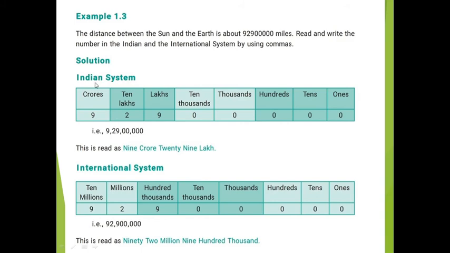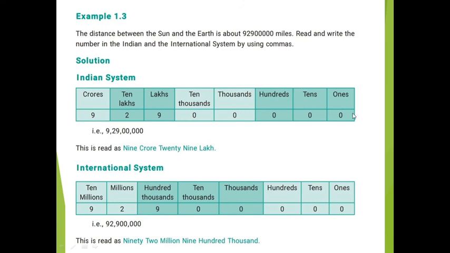First in the Indian number system. I have created a place value chart for this. It's from ones, tens, hundreds, thousand, 10,000, lakhs, 10 lakhs, crores, etc. Now I'm going to write the numbers in the correct place values. So 0, 0, 0, 0, 0, 9, 2, 9.